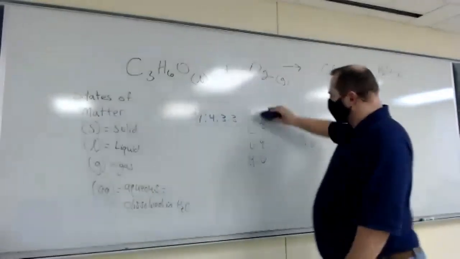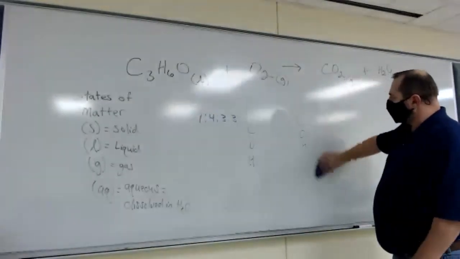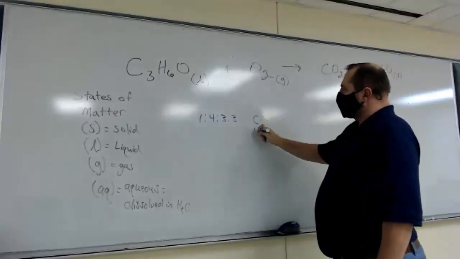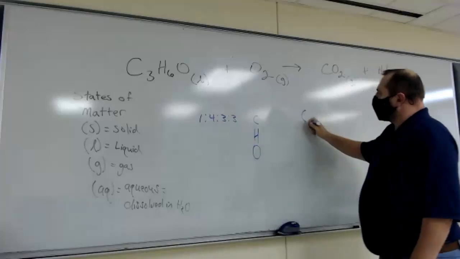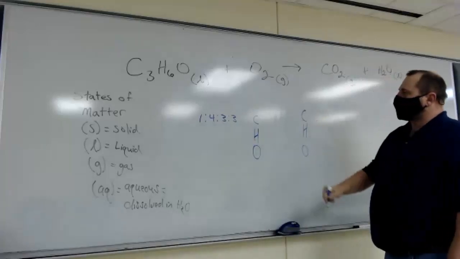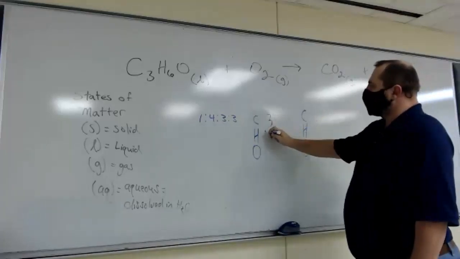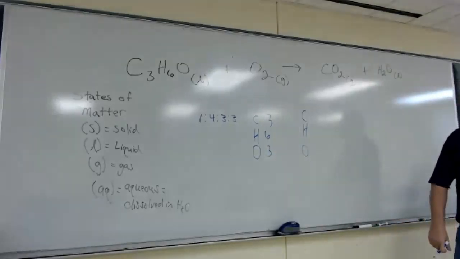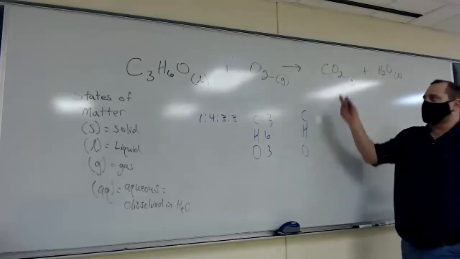I'm going to run through how you did those. Let's see, I'm going to write these that we've been writing. Carbon, hydrogen, oxygen. The hard part was this 3. It's found in both locations.